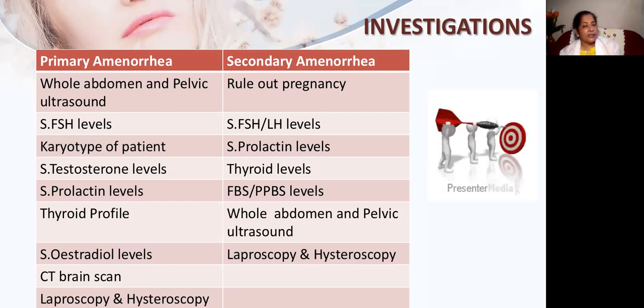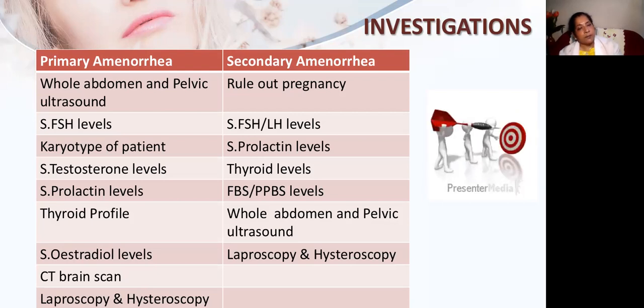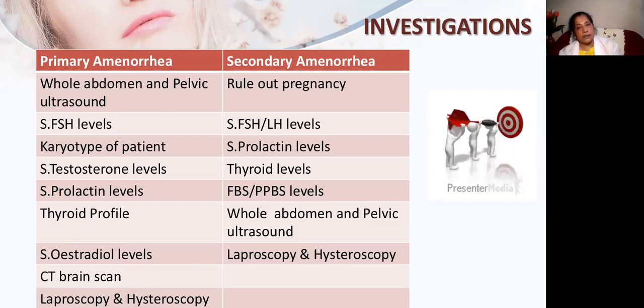While in cases of secondary amenorrhea, the first thing to be ruled out is pregnancy. Then FSH and LH levels and their ratios, prolactin level, thyroid, blood sugars, fasting and postprandial, whole abdomen and pelvic ultrasound, and laparoscopy and hysteroscopy. So these are the various investigations which prove useful.